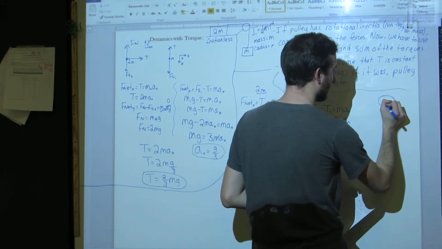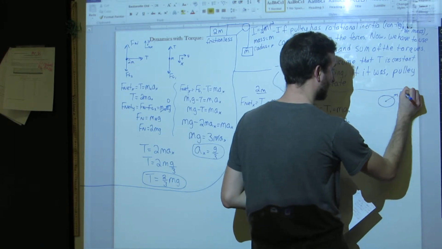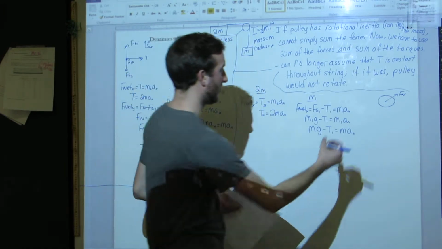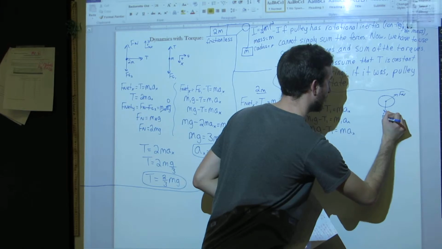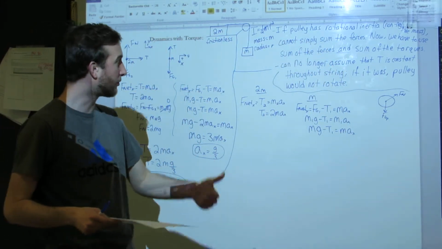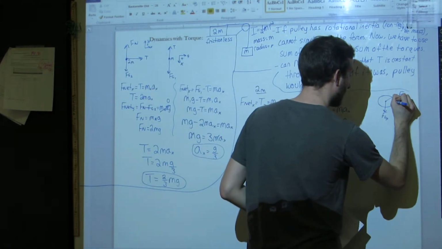Okay? So I guess you could say that there's some sort of normal force going up like this. You could say that since the pulley has mass, there is a force of gravity acting down, FGP, we'll call it. And for this pulley, the most important thing is that we now have two forces causing it to rotate, generating torques.